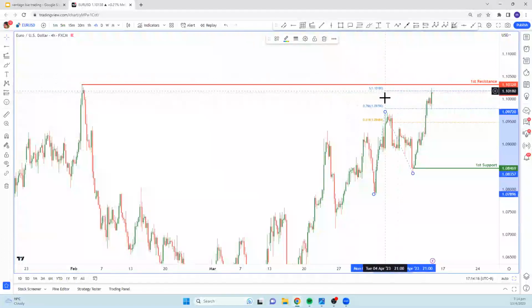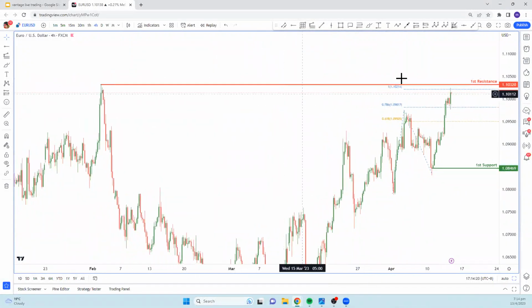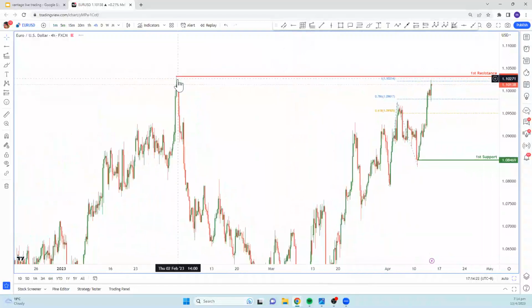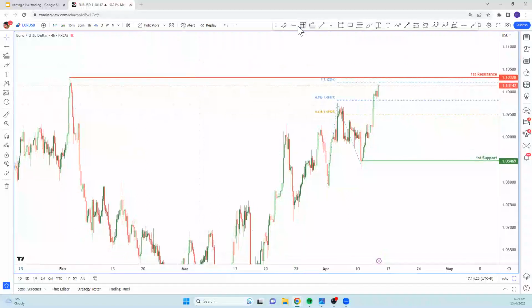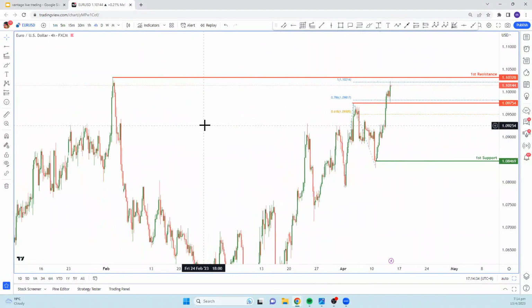We can see the 100% Fibonacci level kind of lines up with our first resistance as well as the swing high here. I also have another swing high level here, which lines up nicely with my 78.6, so I'm just going to take note of this level as well.